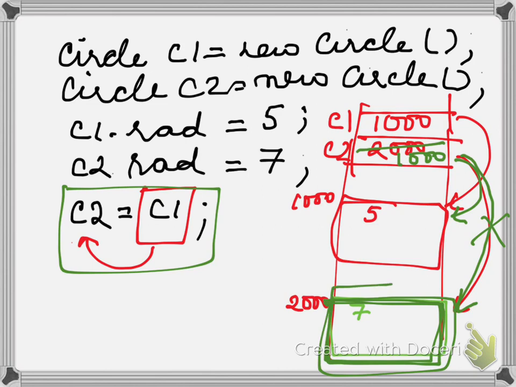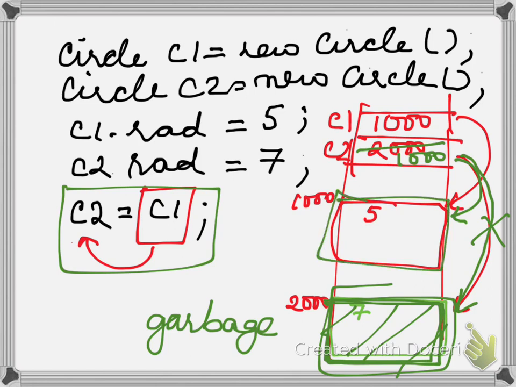So there will not be any way by which you can refer to this memory location from your program. So this becomes something called garbage. So now both C1 and C2 are referring to this location, and the reference to the other location is lost.